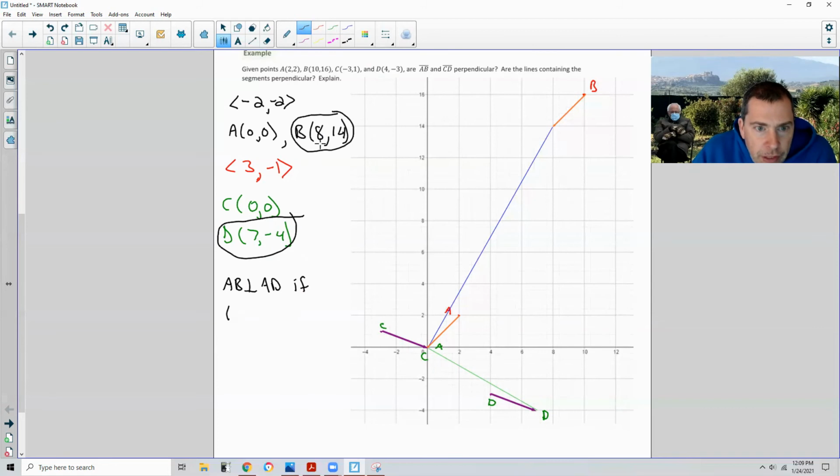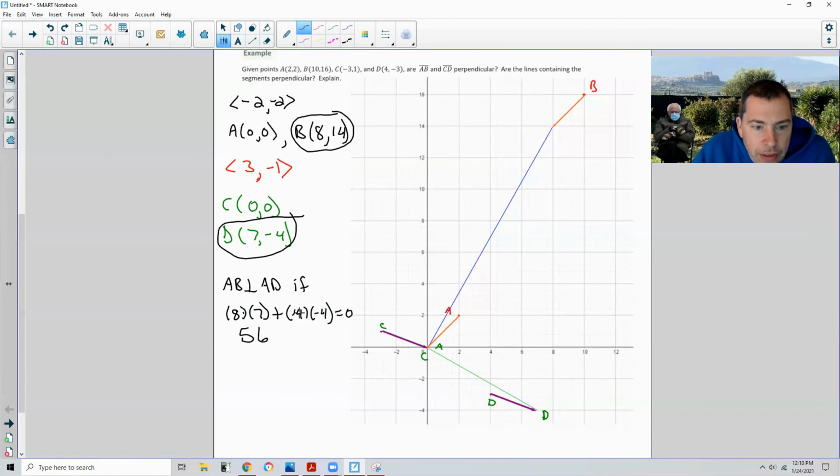So if 8 times 7 plus 14 times negative 4 equals 0. 7 times 8 is 56 plus, and it's a positive times a negative.